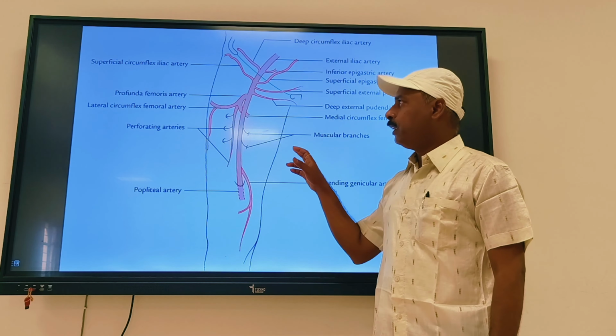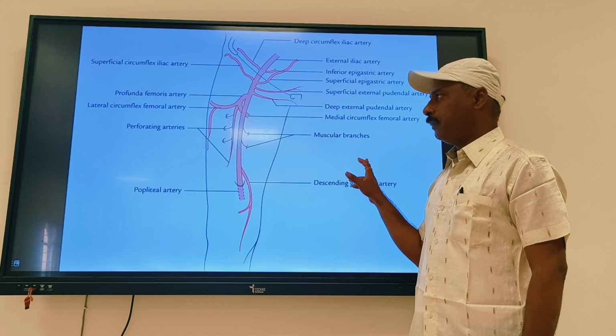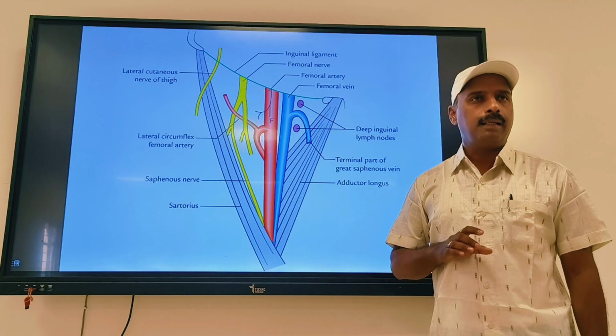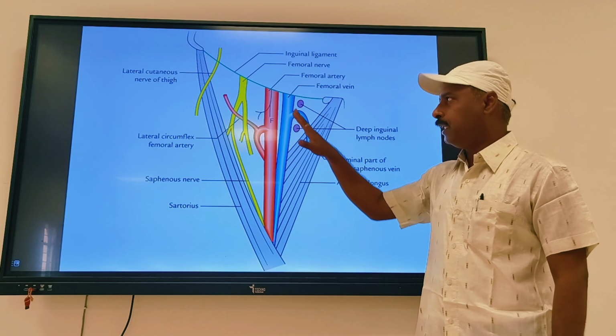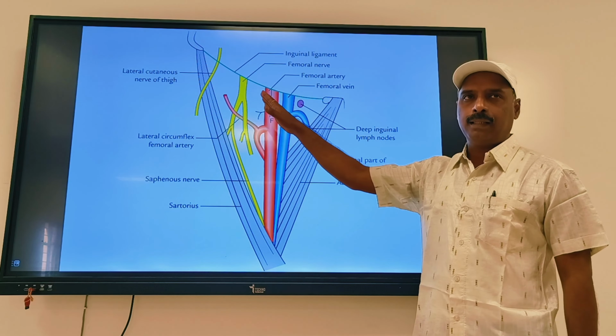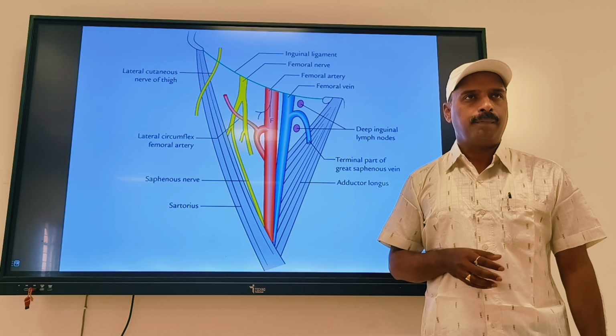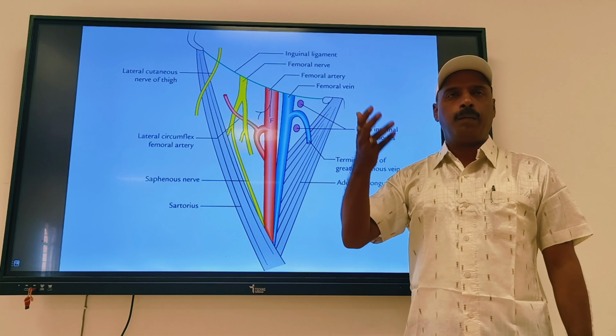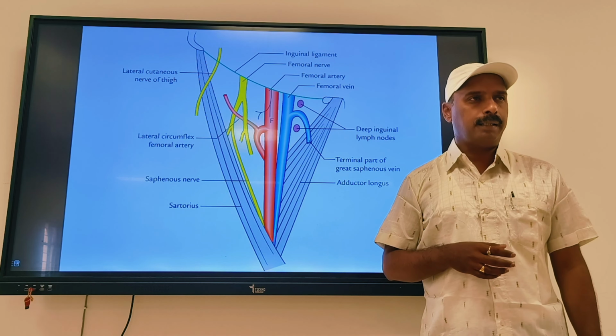So next, going to the relations of the femoral artery, you have come across in the femoral triangle the relations anteriorly, posteriorly, medially and laterally. Same you have to apply here. Now I am talking about the relations of the femoral artery.